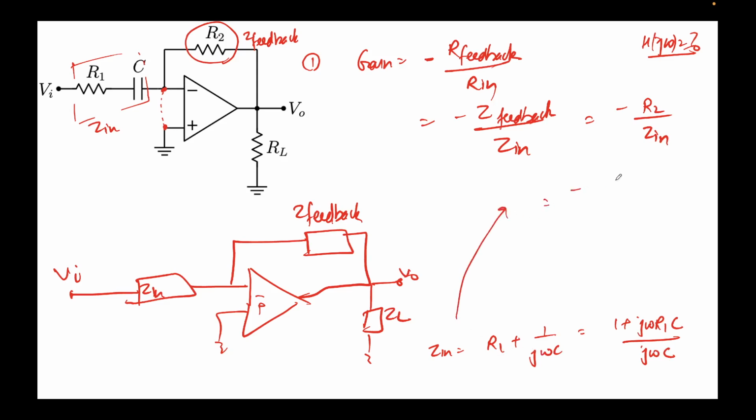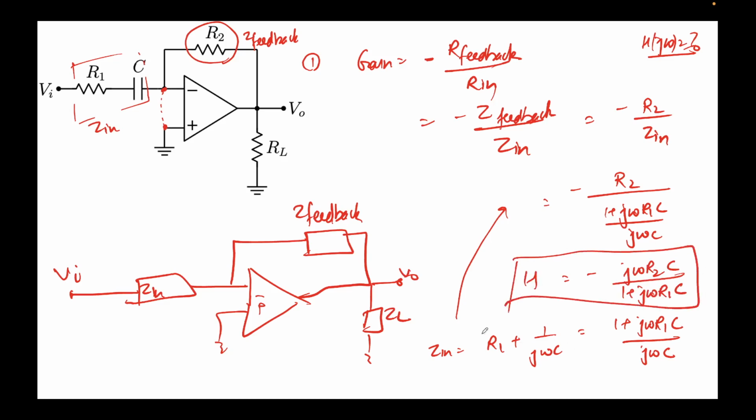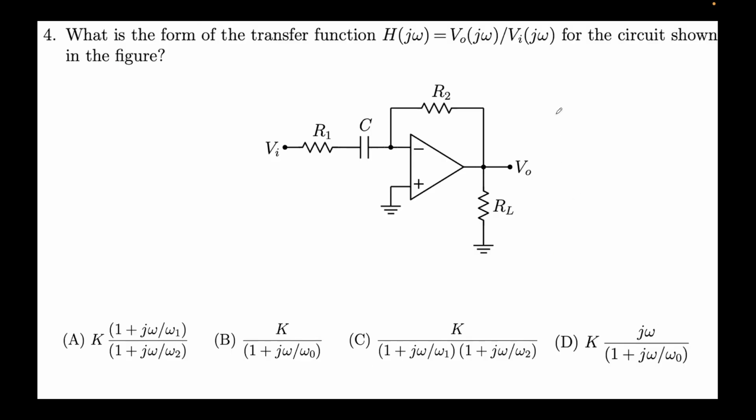This will come out to be minus R2 divided by (1 plus j omega R1C) divided by j omega C, and this whole term will come out to be minus j omega R2C over 1 plus j omega R1C. So this is the gain, or H. H is coming out to be minus j omega R2C over 1 plus j omega R1C.